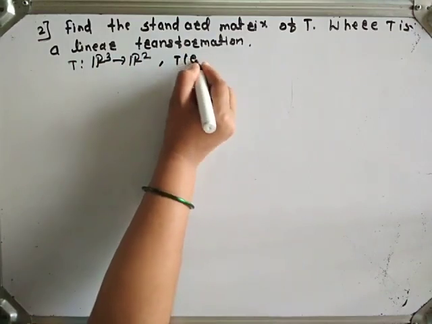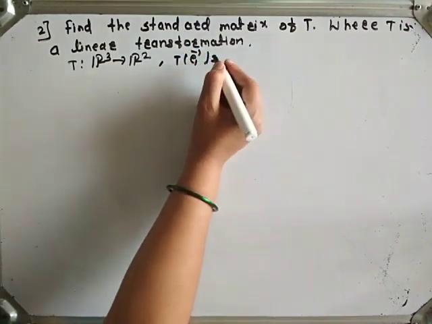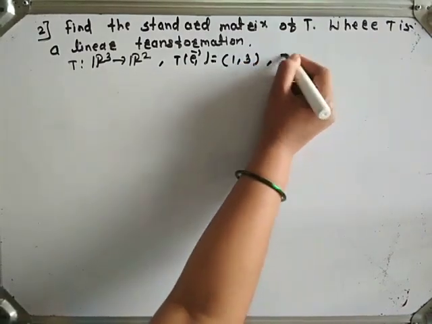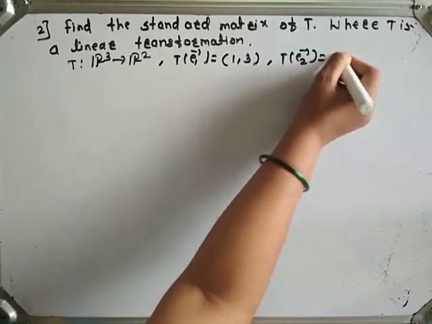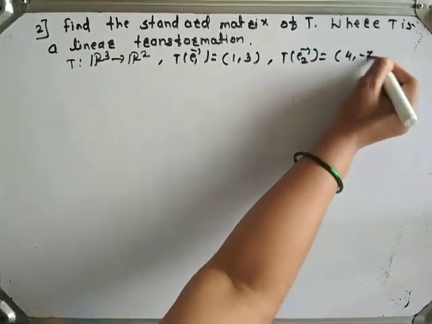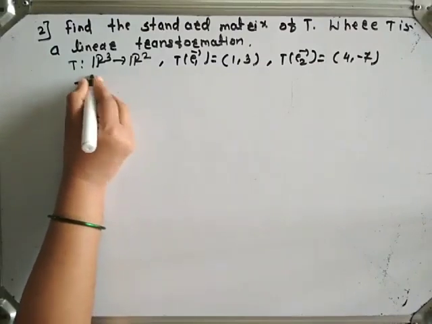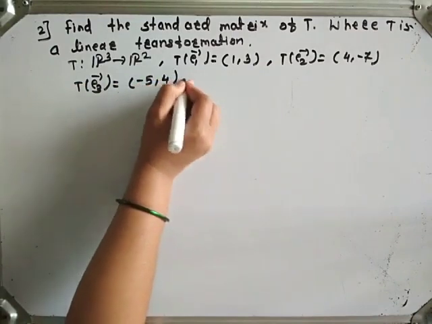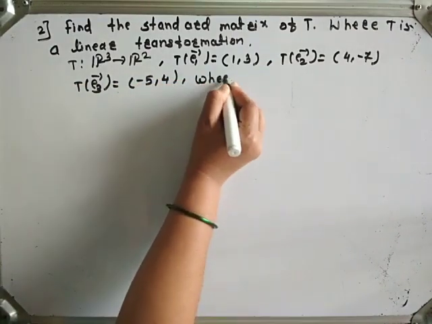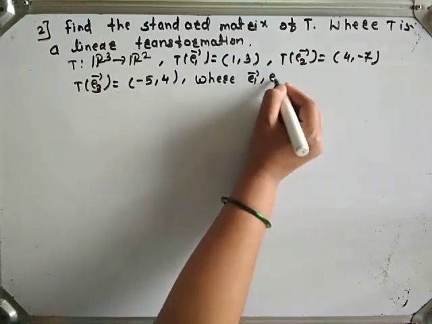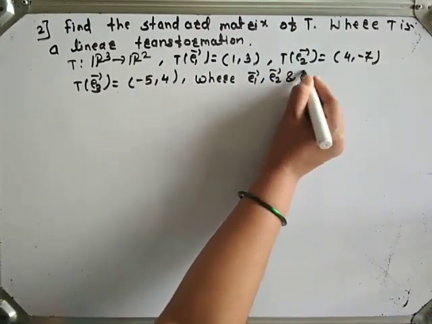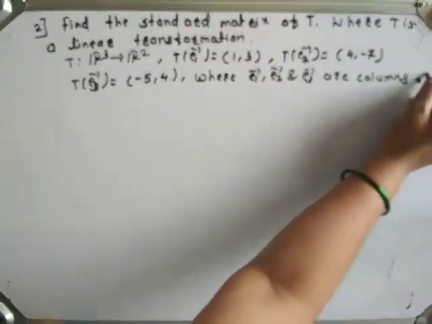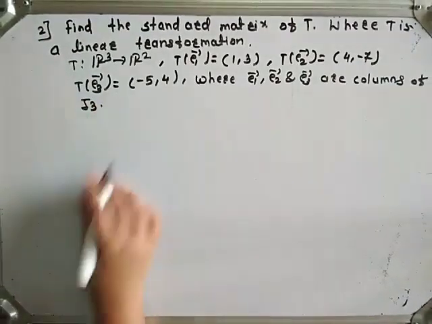Okay. T of E1 bar is equal to 1 3. T of E2 bar is equal to the vector 4 minus 7. T of E3 bar is equal to the vector minus 5 comma 4. Okay. Where E1 bar, E2 bar and E3 bar are columns of I3. Okay.